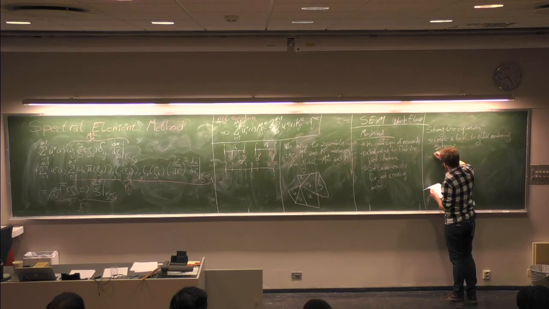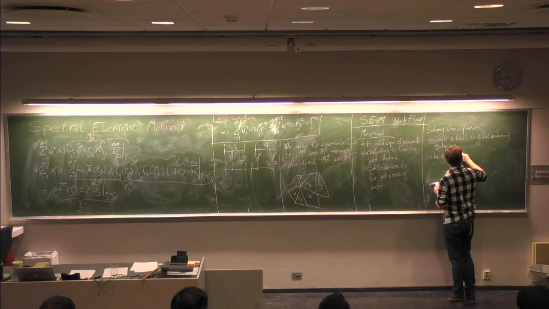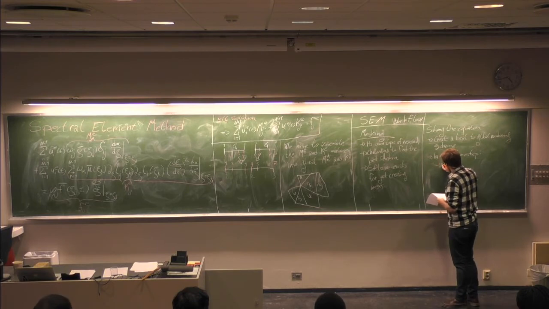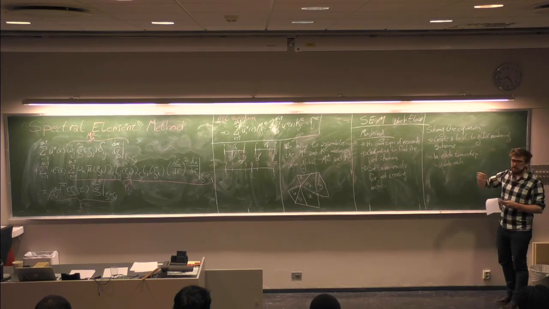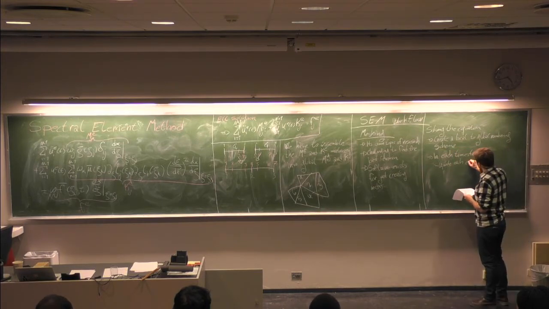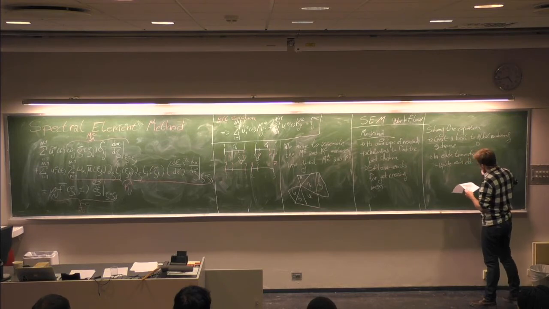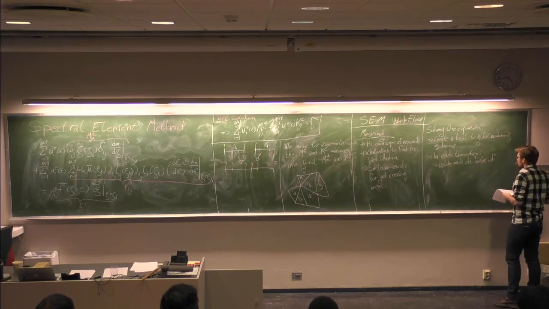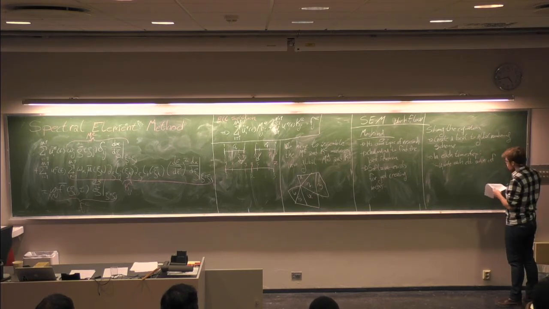So in each time step, we need to, well, because each of the elements are interacting with each other, we need to update each element with information from the global system.